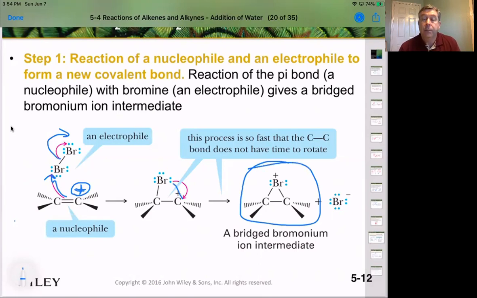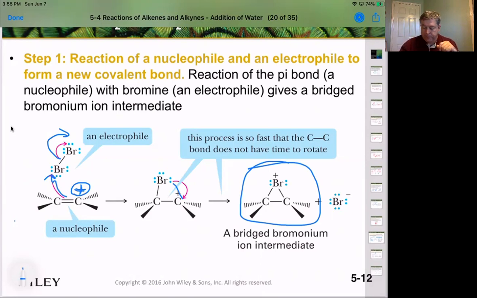Okay, so basically you have a bromine adding to the top of your double bond, giving you this three-membered ring and a positive charge. Okay, this is important. This first step, forming this bromonium ion ring, is what gives us our selectivity.